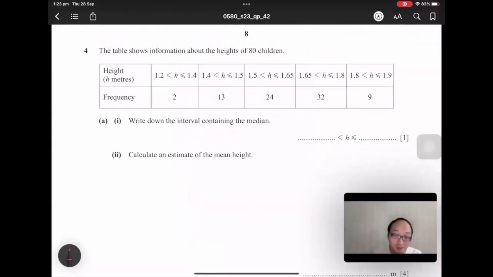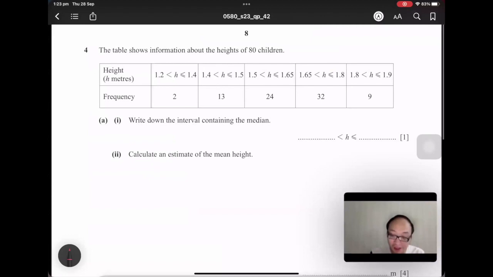The table shows information about the height of 80 children. Write down the interval containing the median. The median is the middle, so 50% of the continuous data. So we can find that 50% of 80 is 40, and then we can find where the 40 lies in the class.